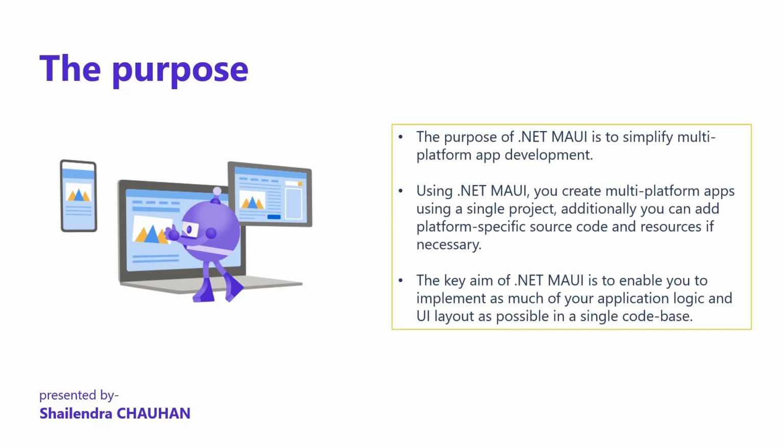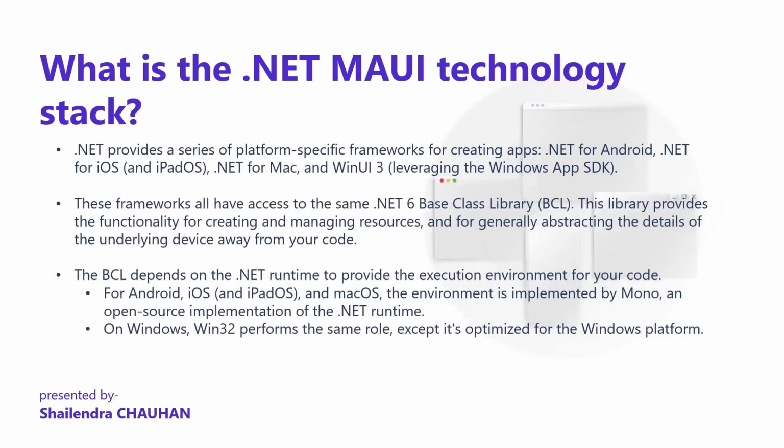Using .NET MAUI, you create multi-platform apps in a single project. Additionally, you can add platform-specific source code and resources if necessary. The key aim of .NET MAUI is to enable you to implement as much of your application logic and UI layout as possible in a single code base.